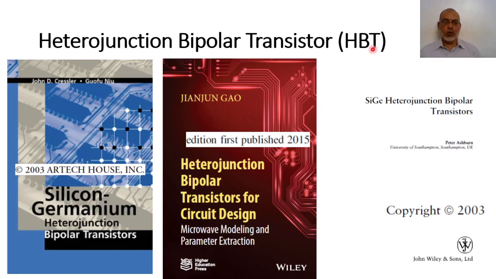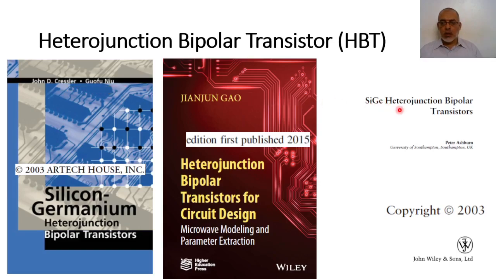As an example, three textbooks which are specifically oriented towards heterojunction bipolar transistors: Silicon Germanium Heterojunction Bipolar Transistors, published by Artech House in 2003, edited by John Cressler and G. Niu.